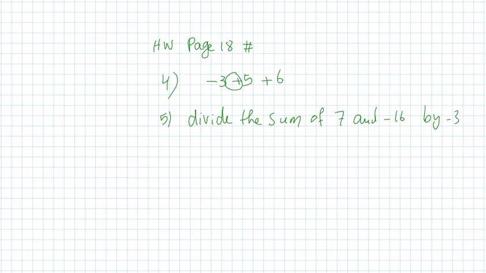So I have the sum of 7 and -16. How do I write that? Sum means what? Addition. So the sum of 7 and negative 16, right? So I'm adding 7 and negative 16. And I have to divide that by negative 3.